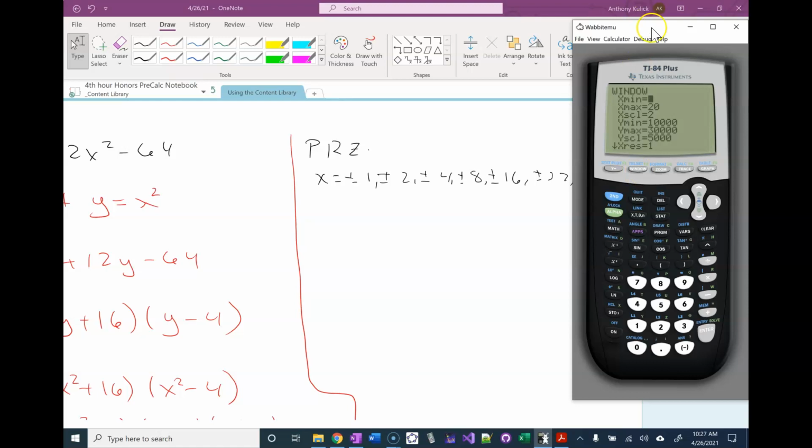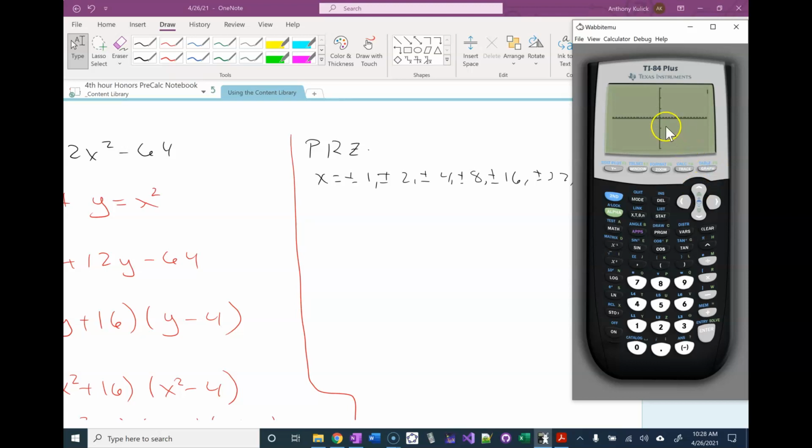Now, when I graph this, I would graph this from -64 to +64 because those are everything I could possibly see. Now, I'll likely have to zoom in. And then I'm just going to go from like -3 to +3 on the y's because all I care about is where it's crossing the x-axis.